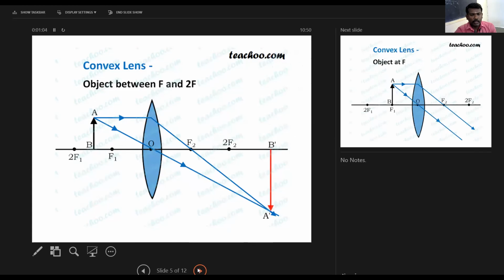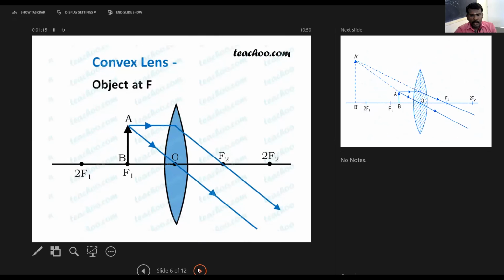Next, object located in between f1 and 2f1, so the image will be formed beyond 2f2 and enlarged in size. So in all these cases the nature of the image is real and inverted.